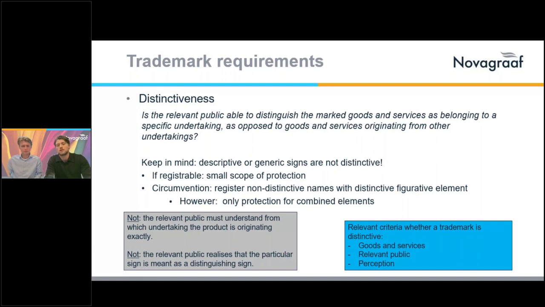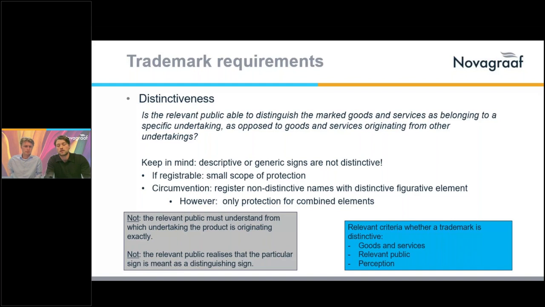And even if there's some distinctiveness in the sign, but it's almost fully descriptive or generic, and you can register it, you have a registration in hand, well, please be advised that it will give you only a limited scope of protection.